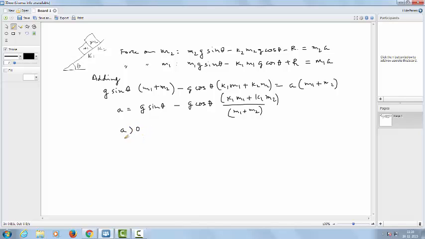In the limiting case, when a is equal to 0, we can put a equal to 0, and that will give us the value of tangent theta equal to k1 m1 plus k2 m2 divided by m1 plus m2.